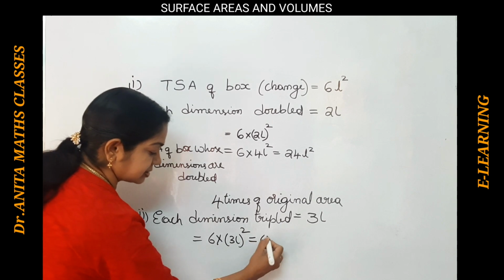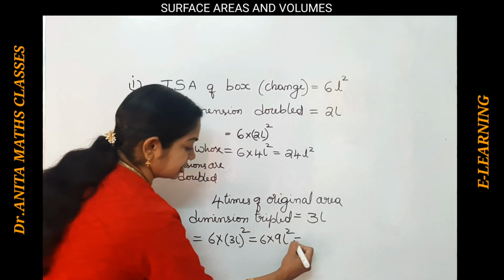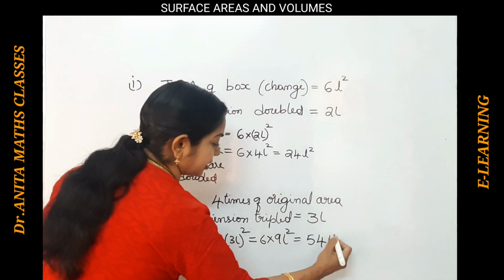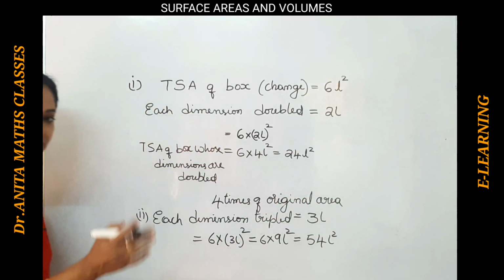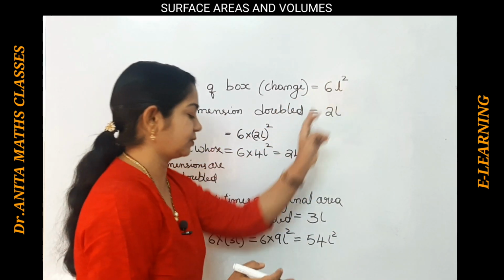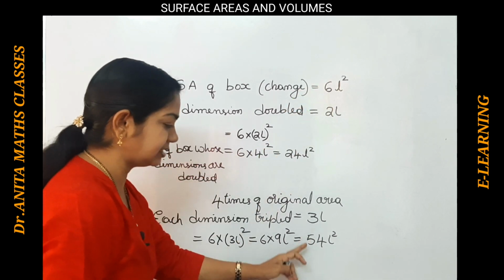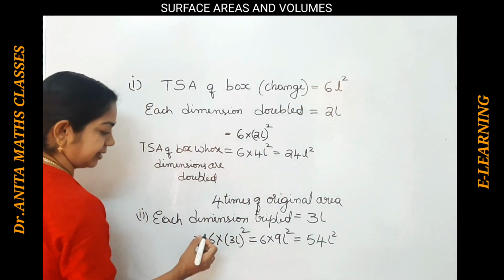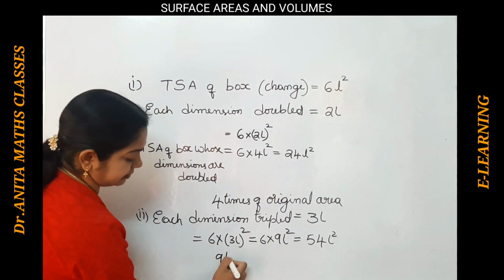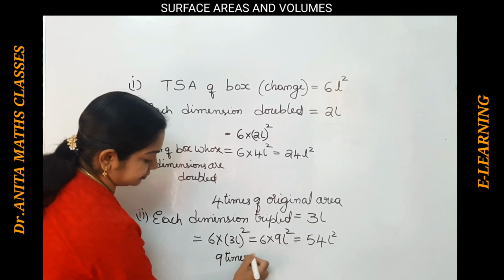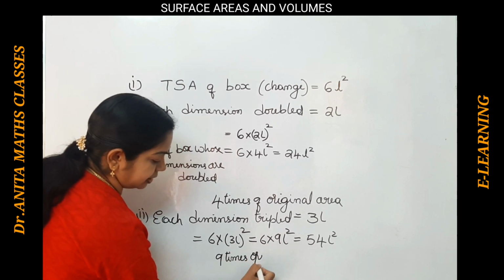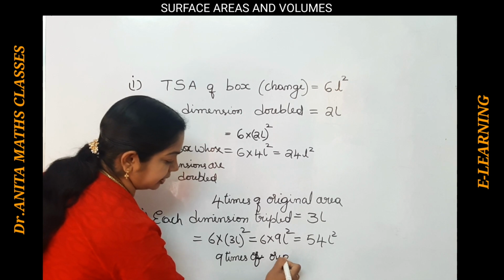So that becomes 6 into 9L square, that is 54L square. Originally the total surface area is 6L square. So how many times? 6 nines are 54, so 9 times the original area.